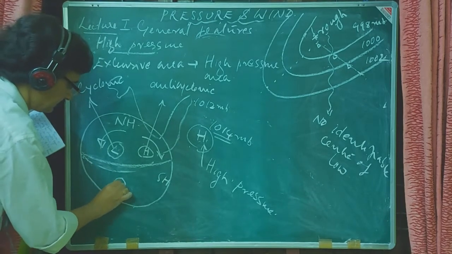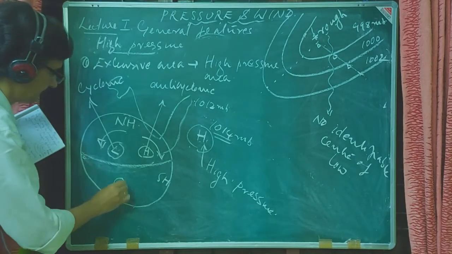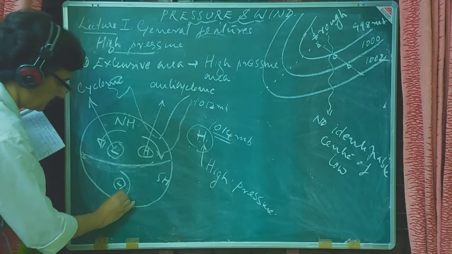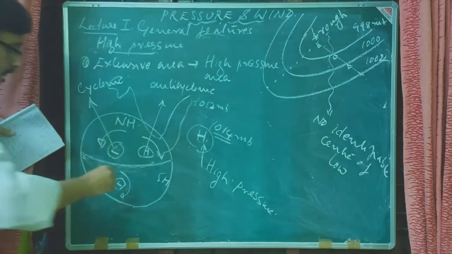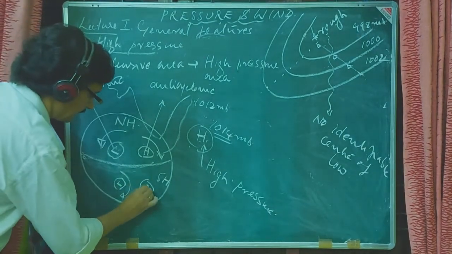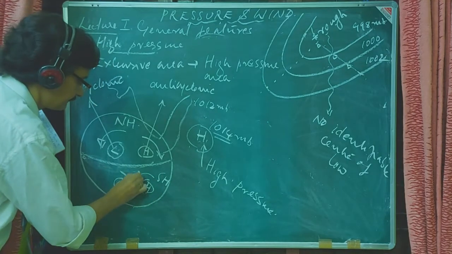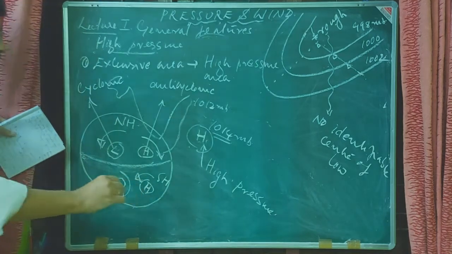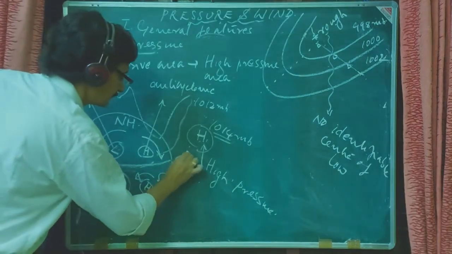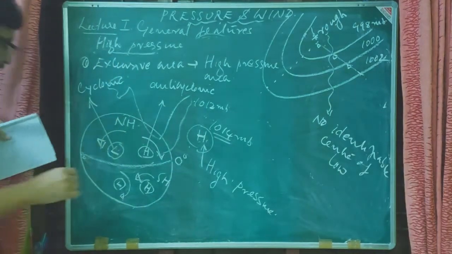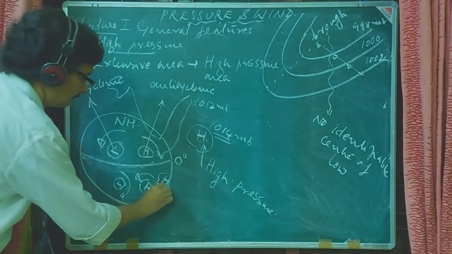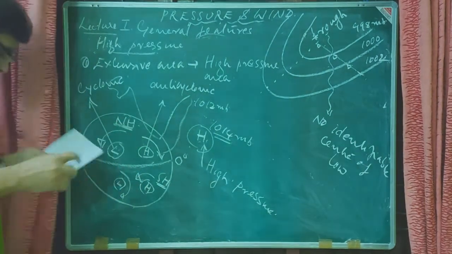That is, low pressures are characterized by clockwise wind flow, whereas high pressure regions are characterized by anti-clockwise. This is the 0 degree equator. This is the southern hemisphere. This is the northern hemisphere.